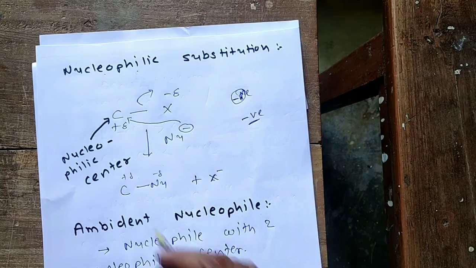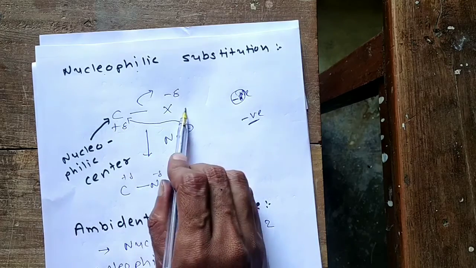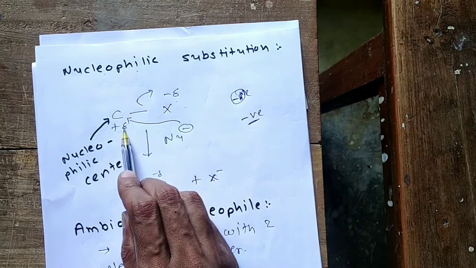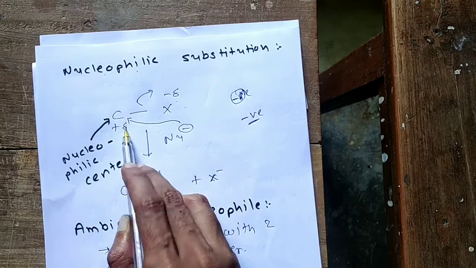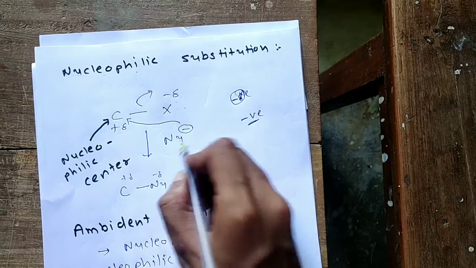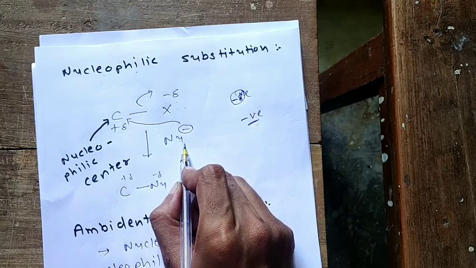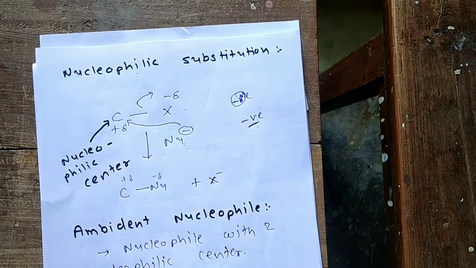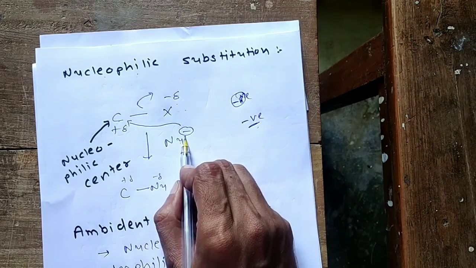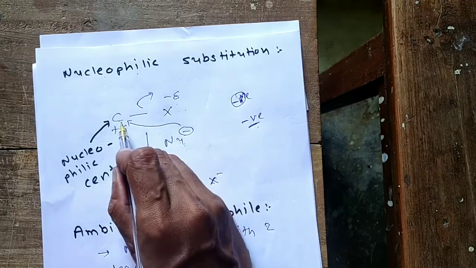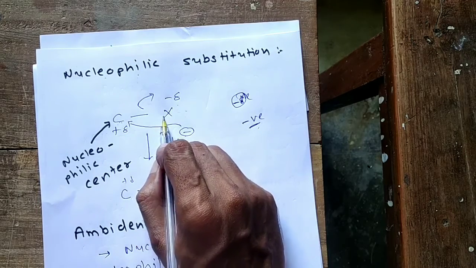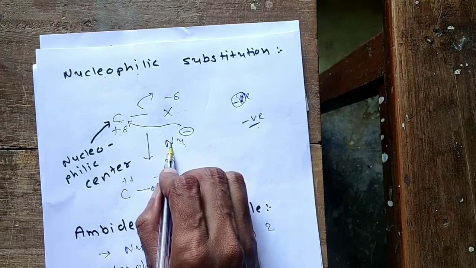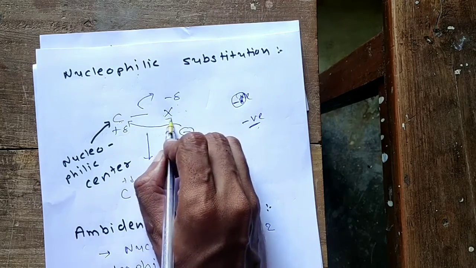Now in the C-X bond, halogen has partial negative charge and carbon has partial positive charge. So when a nucleophile, a negatively charged compound, attacks, it will attack on carbon, not on halogen. So we can easily replace the halogen with the new nucleophile.